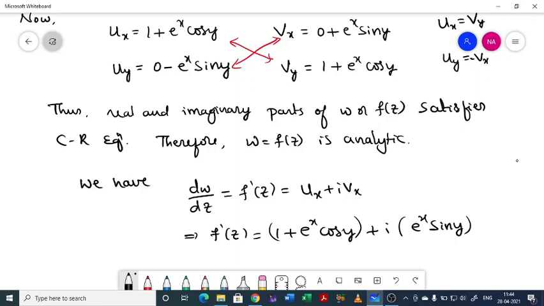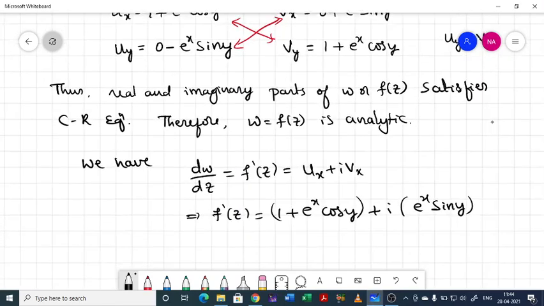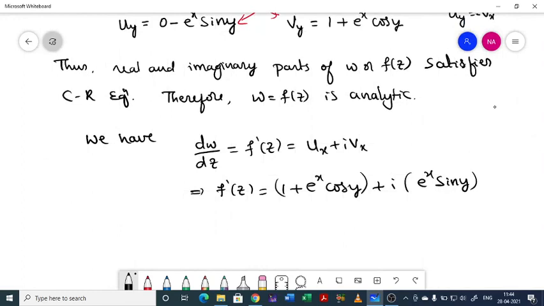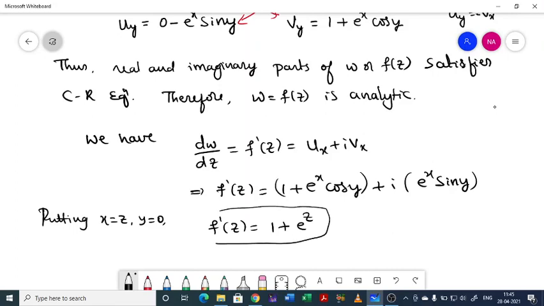Now we have to put x equal to z and y equal to 0. Putting x equal to z, y equal to 0, we get f dash of z equal to 1 plus e power z, cos 0 is 1, plus i into sin 0 is 0. So this is the derivative of the given function.